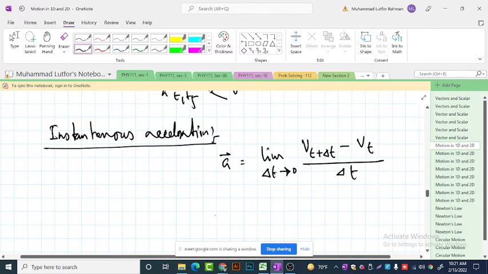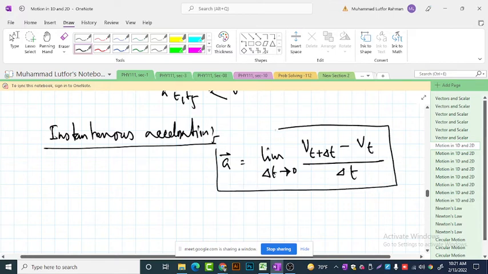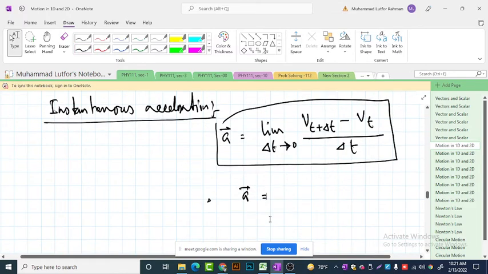Then you can write, so this is the instantaneous acceleration of the particle at any time, because this is the definition of the derivative of that function v. I can write it as dv over dt, and if I write the vector, I use i hat over here.